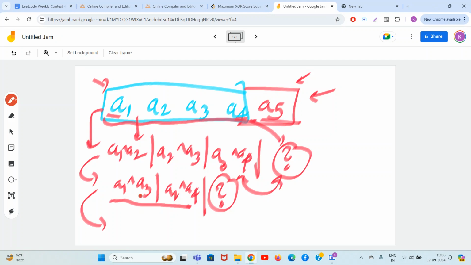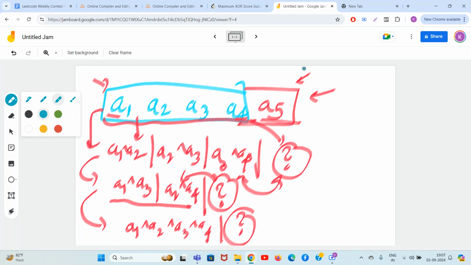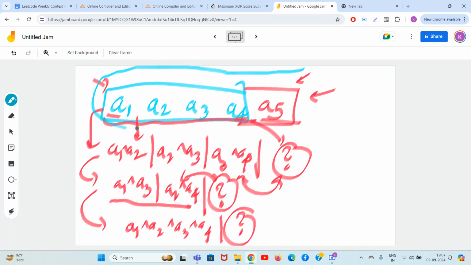The XOR of these two numbers is A1 XOR A2 XOR A3 XOR A4, and the XOR of these two, let's write as question mark. So guys, what is the final answer? The XOR of the five numbers is A1 XOR A2 XOR A3 XOR A4, which is G.